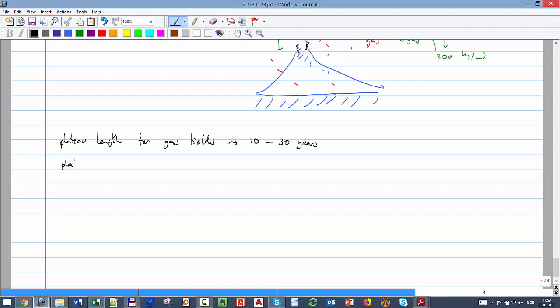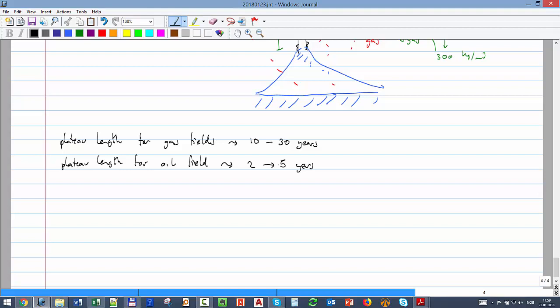And plateau length for oil fields is usually very short. It can be from 2 years all the way to maybe 7 years, but that's the maximum. Maybe 2 to 5 is more common. I will have a short discussion next class on why we have this big difference.